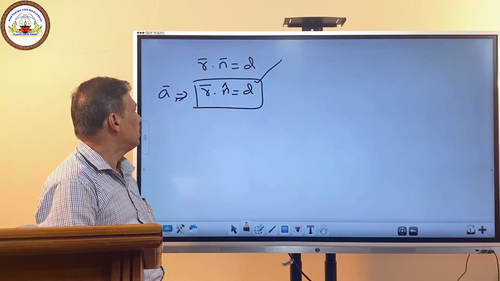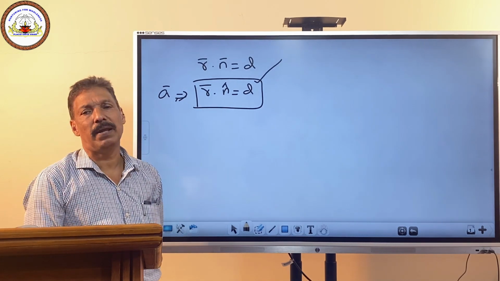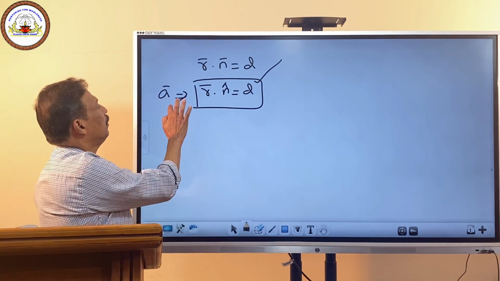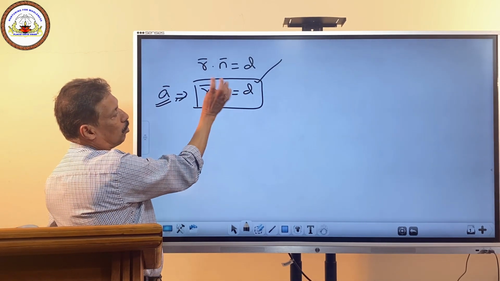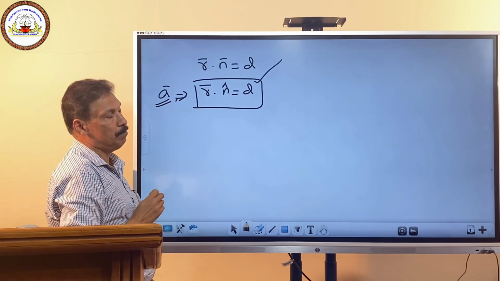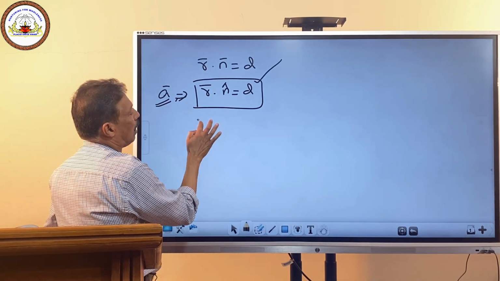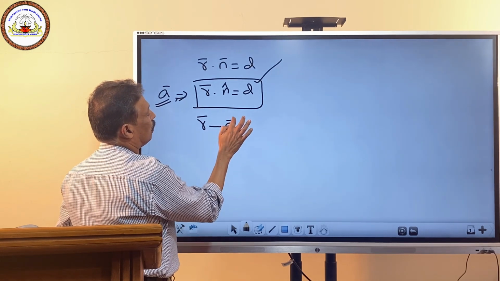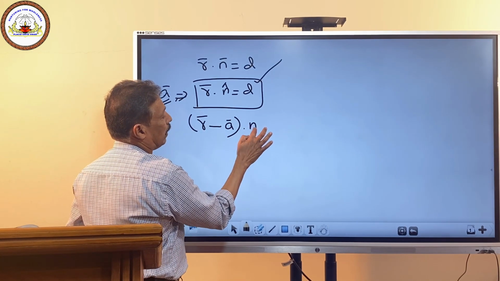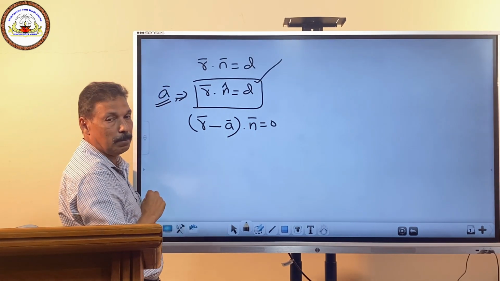For finding the perpendicular distance from A to this plane, first of all we consider a new plane passing through A bar and normal to our vector N bar. The formula is (R bar minus A bar) dot N bar equal to 0.